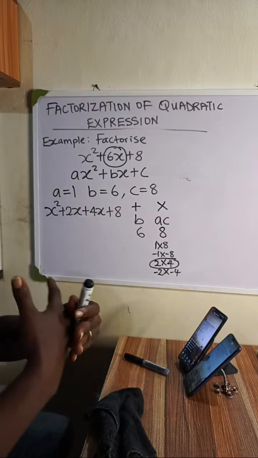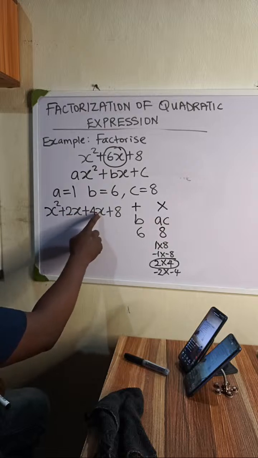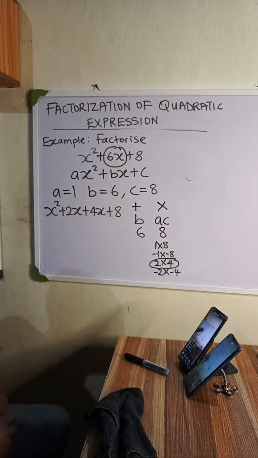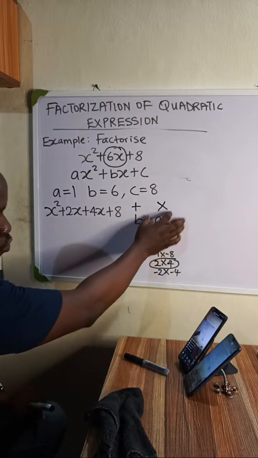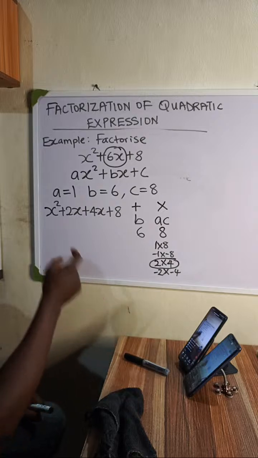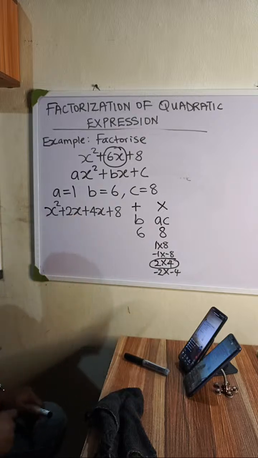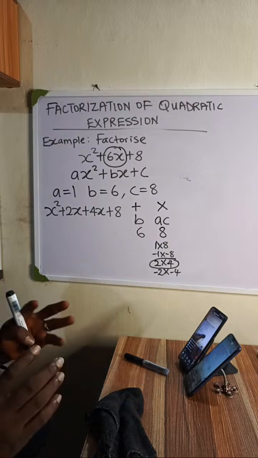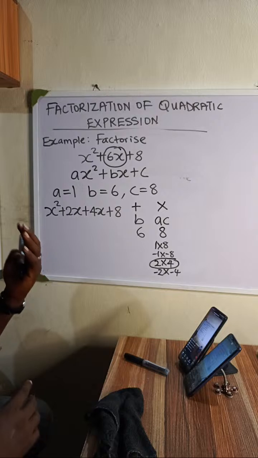If you bring them together again, 2x plus 4x will still give you 6x. But we went through this process to get the exact value that we needed to replace this. So now we can factorize by grouping, just as we learned from our previous class.